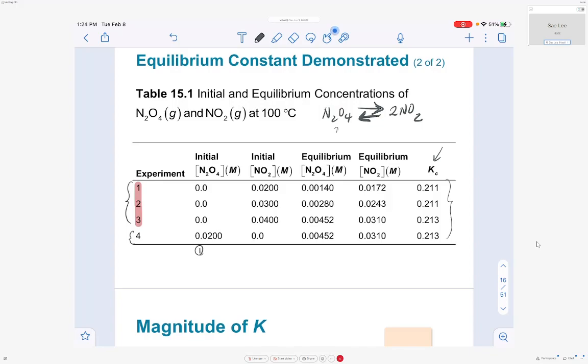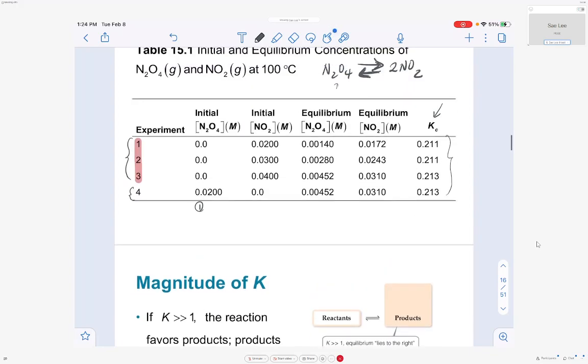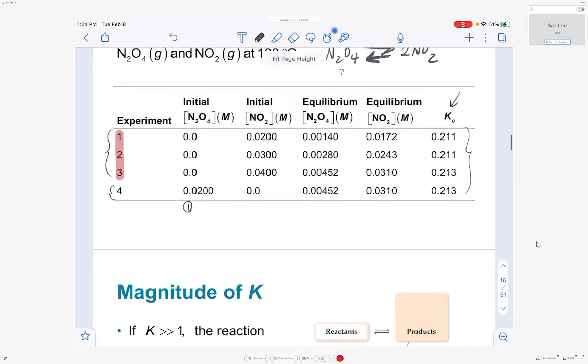So I'm going to summarize what I've just said: no matter what direction you start the reaction, the equilibrium constant, or Kc, is always the same.